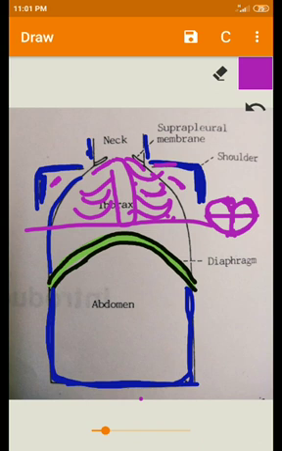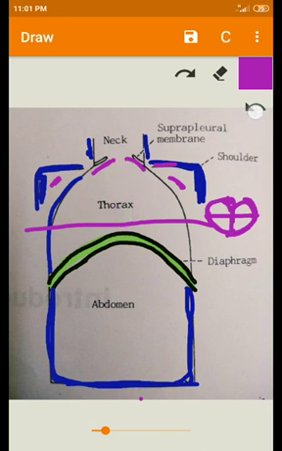So they explained there is an increase and decrease in the diameters of the thorax. So this results in drawing of air into the thorax, that is called inspiration, and its expulsion is called expiration. Okay.